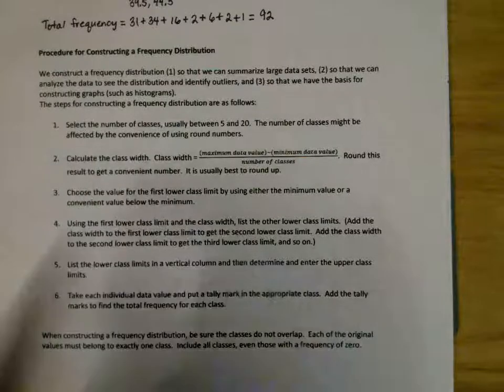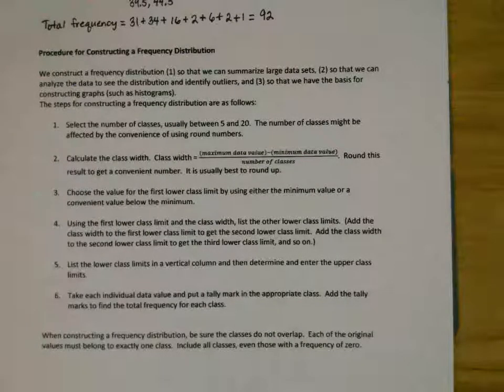Okay, so these are the steps for constructing a frequency distribution. Number one, you want to select the number of classes, and it will usually be between 5 and 20. Now, in some of these examples, you will be told the number of classes that you will need to use.